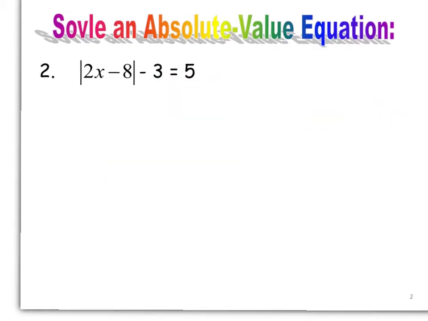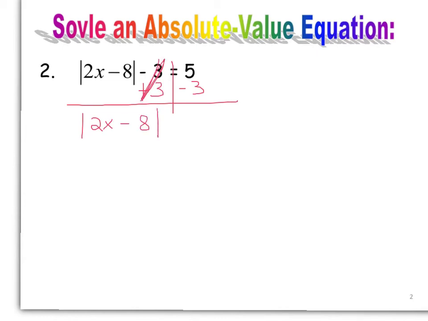So if we take a look here at number 2, what you'll notice is we draw a line through the equal sign. Again, you'll see the absolute value is not all alone. It's not isolated. So before we can do anything else, we have to cancel out that minus 3. We add the opposite, those cancel out, and then let's look at what we have. We copy this down, absolute value of 2x minus 8.